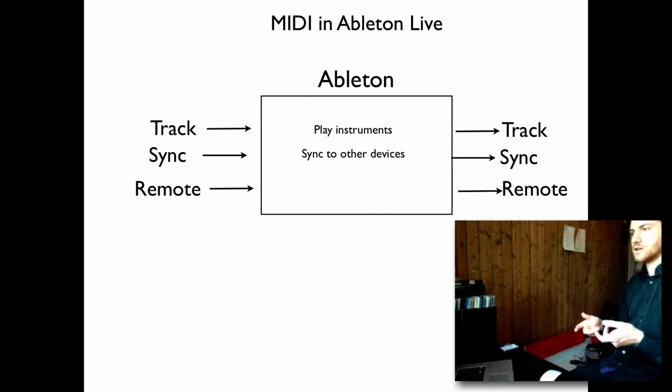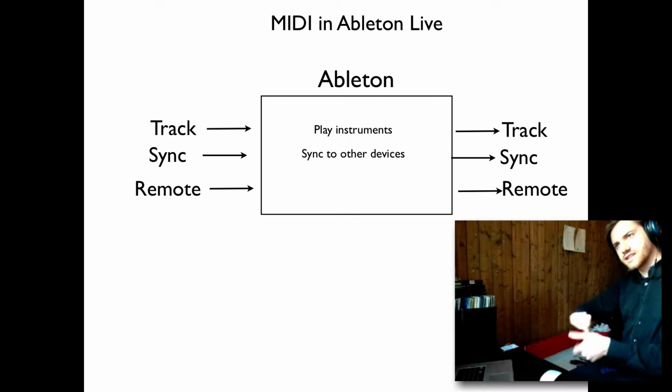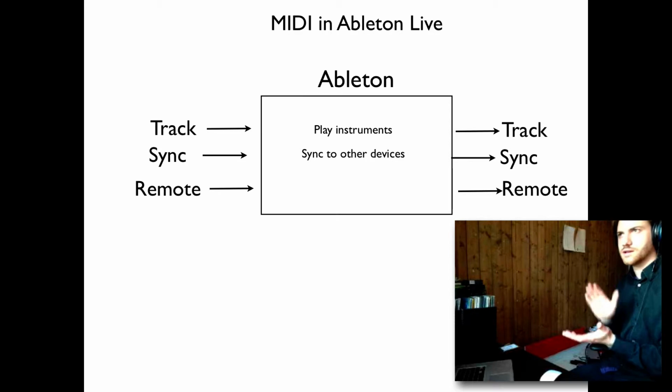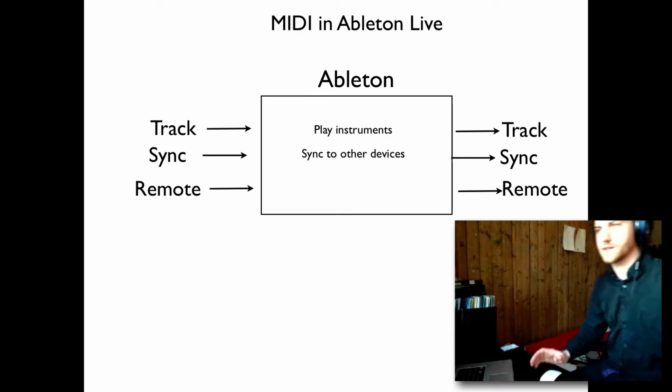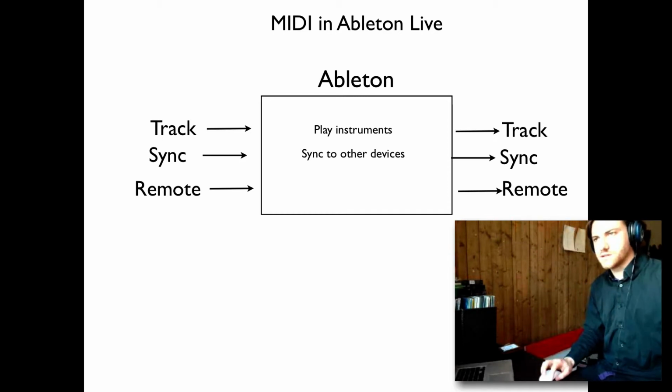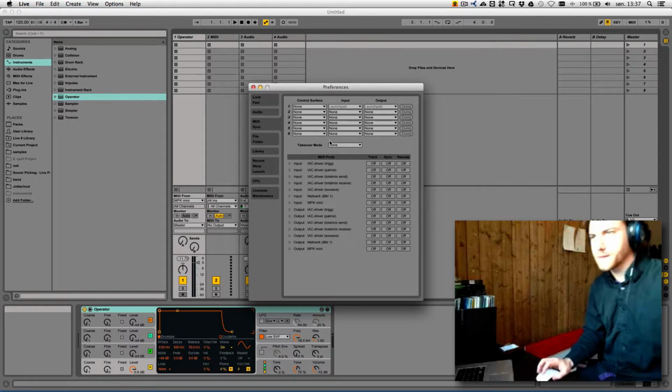Or we can also synchronize, for example, guitar pedals that accept the sync message that Ableton sends, to, for example, have a delay follow the time of your song or something like that. That's sync, and you enable and disable it the same way in MIDI.